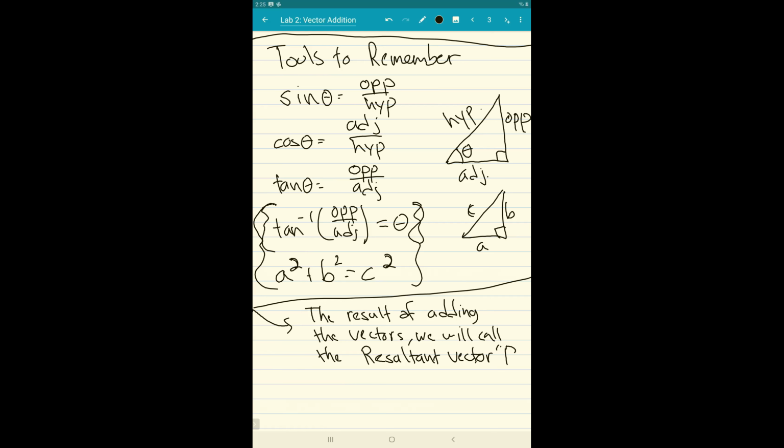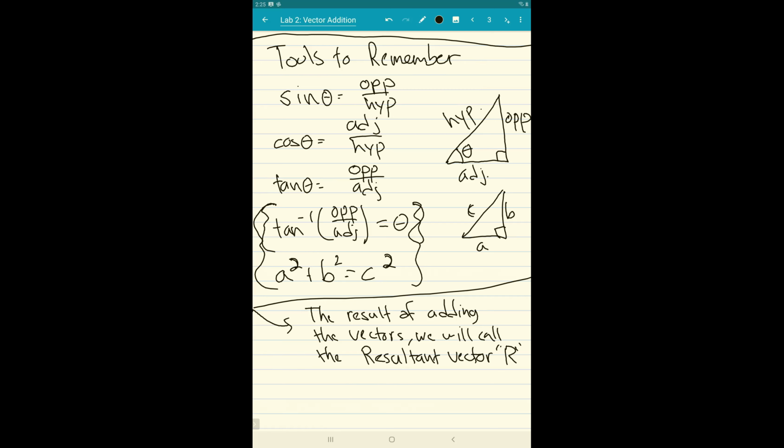I'll denote that with a capital R. So the result of adding two vectors we're going to call the resultant vector.